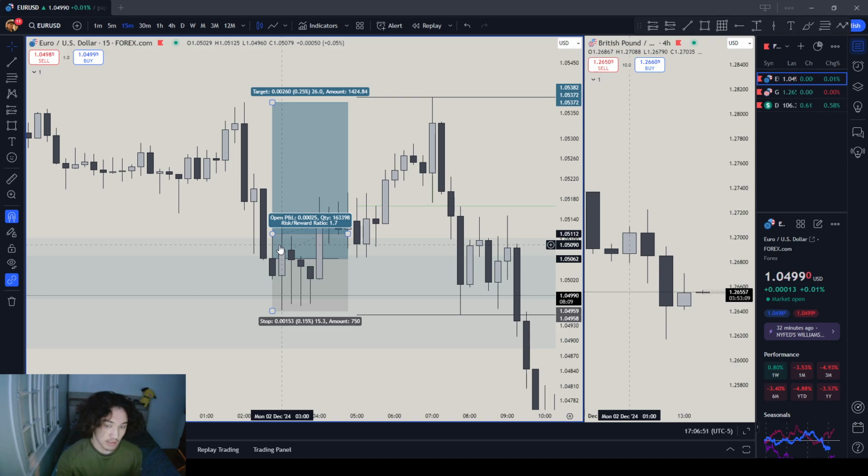Now, as I said, the cons of a body, it gives you lower probability but higher RR. Should be a main goal for you. The wick gives you higher probability but less RR, and less trades.